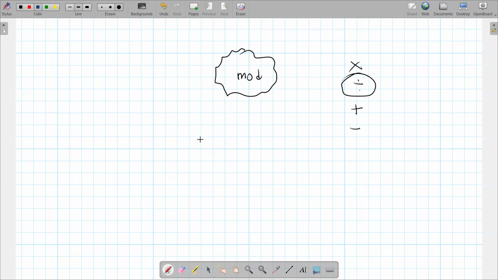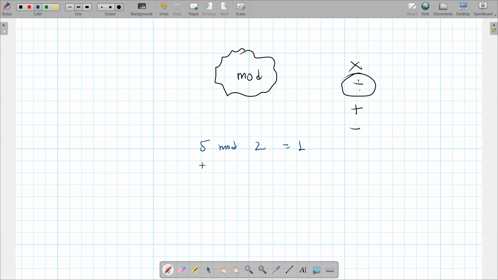It's kind of simple. So let's say you do 5 mod 2. Mod is just a form of division. Does 2 go into 5? Well, not exactly, but 2 goes into 4, right? And the remainder would be 1. So the answer to 5 mod 2 is 1.